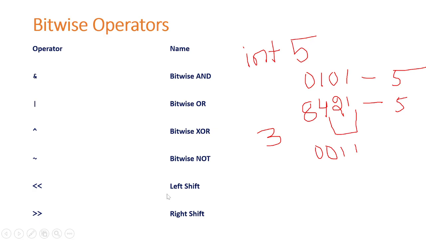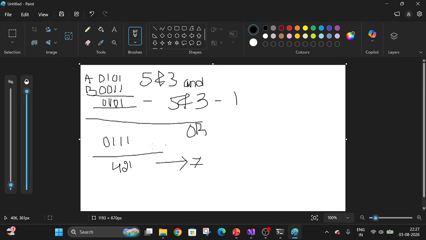XOR, NOT, and left shift and right shift. XOR says that if both are 1 it will be zero. If both are zero it will be zero.